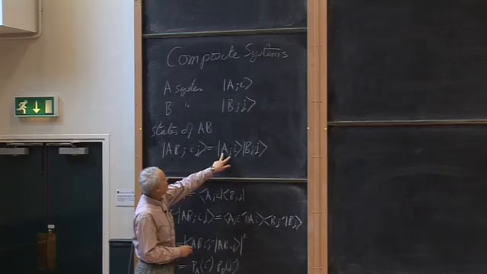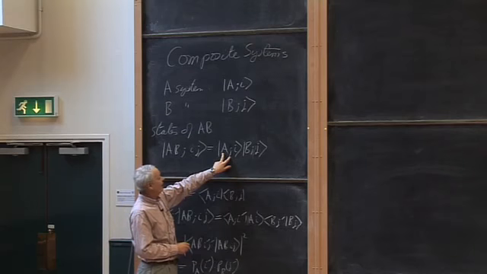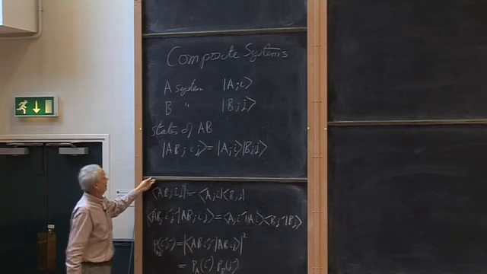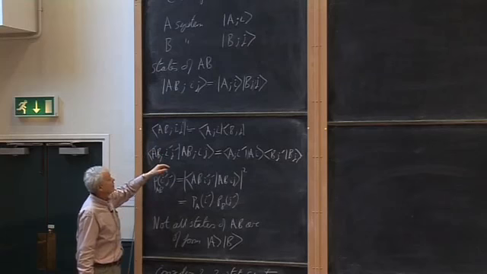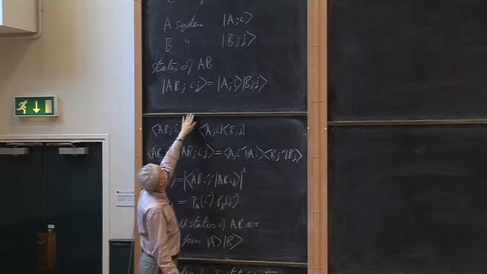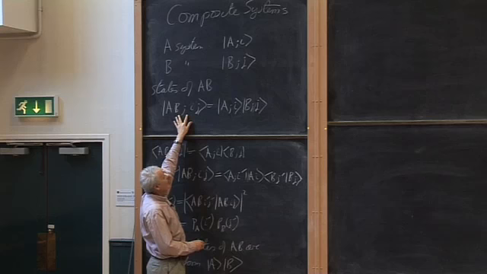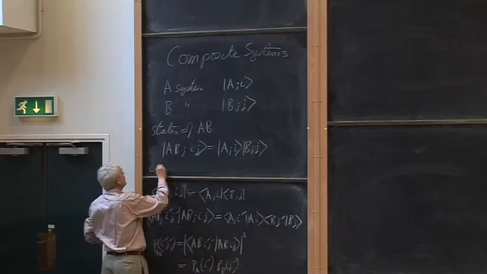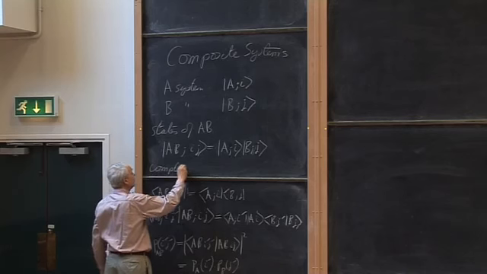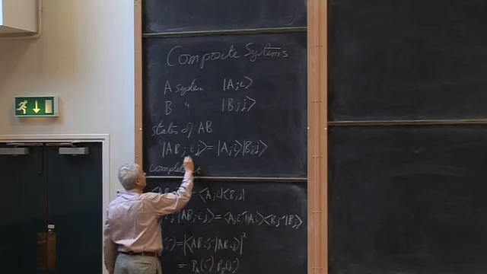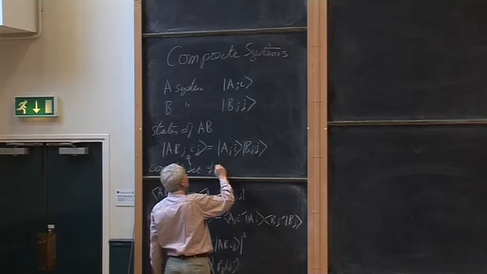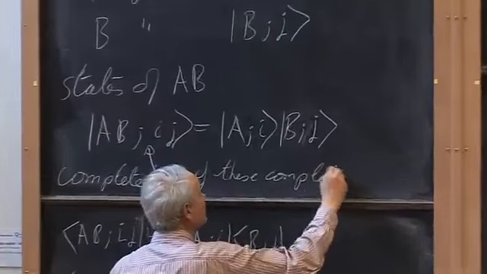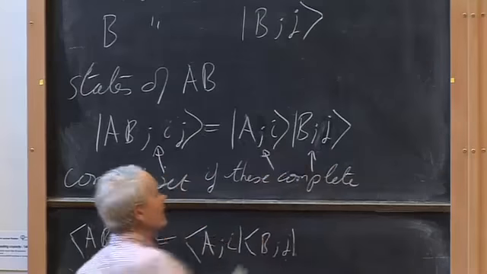So if these objects form a complete set of states of A and these objects form a complete set of states for B, then it's not hard to persuade yourself that these objects form a complete set for AB. All right? So this is a complete set if these are complete for their respective subsystems. Now, what's this telling us?